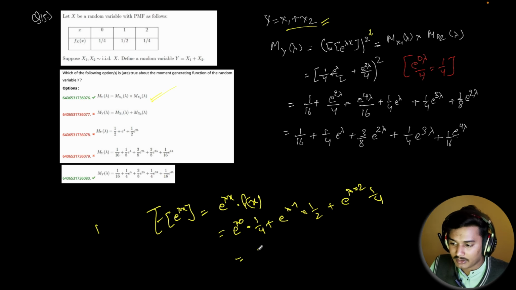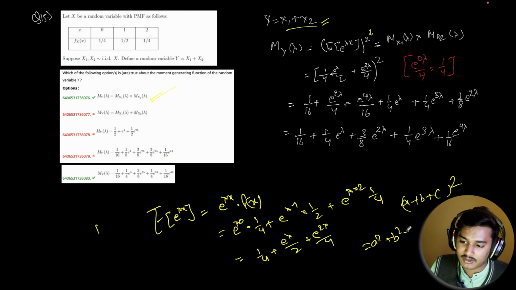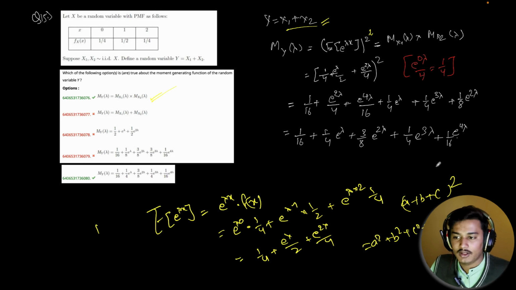It will be nothing but 1 by 4 plus e raised to power lambda by 2 plus e raised to power 2 lambda by 4. Now we can replace this here, and we have to do the square of it, right? It is nothing but (a plus b plus c) whole square, and it's nothing but a square plus b square plus c square plus 2ab plus 2bc plus 2ac, right? So we will open this and we will get this particular one, that is the last option. So it is the correct one.